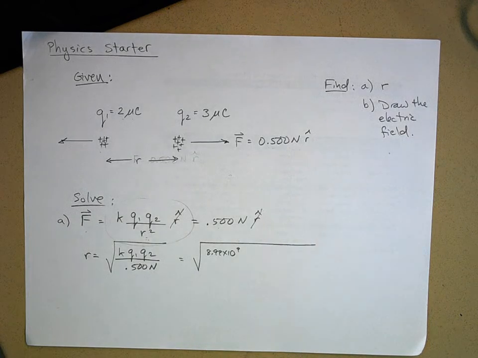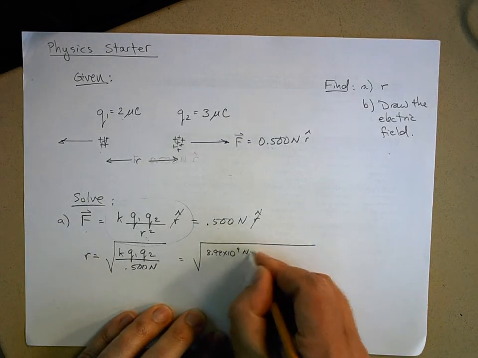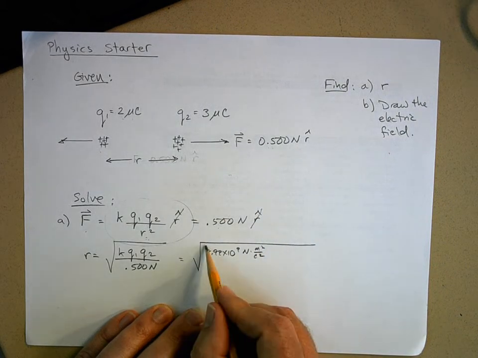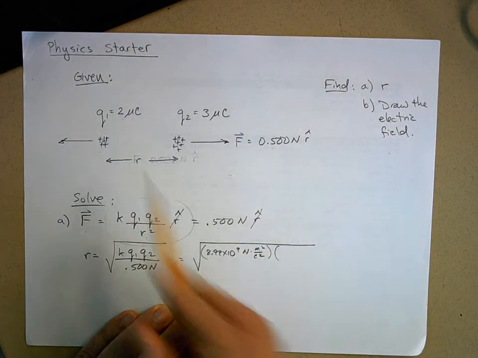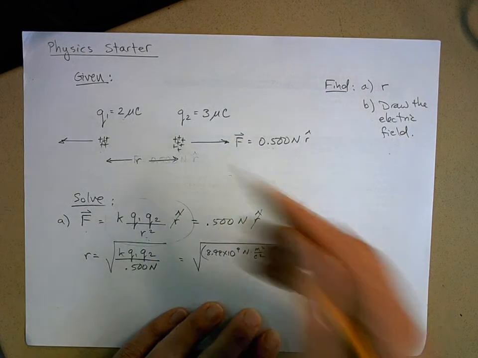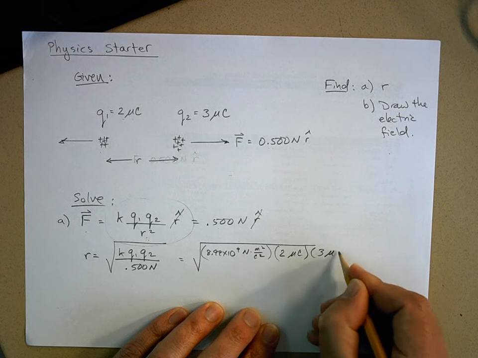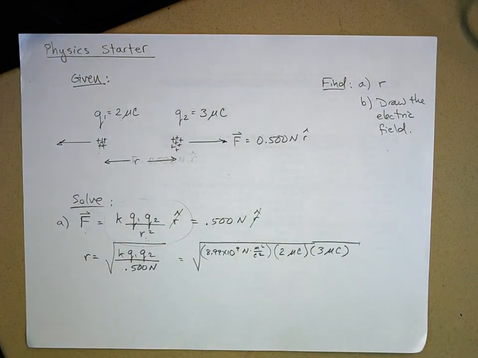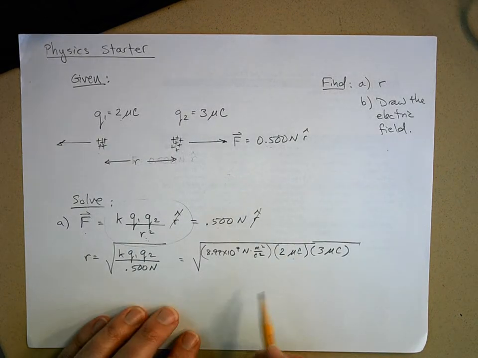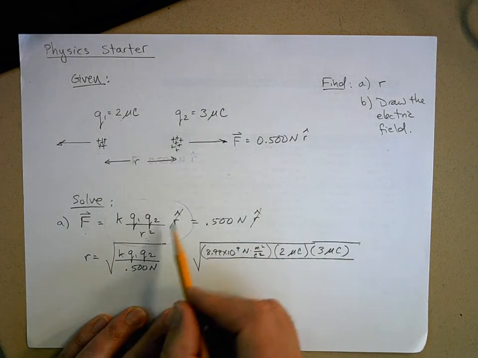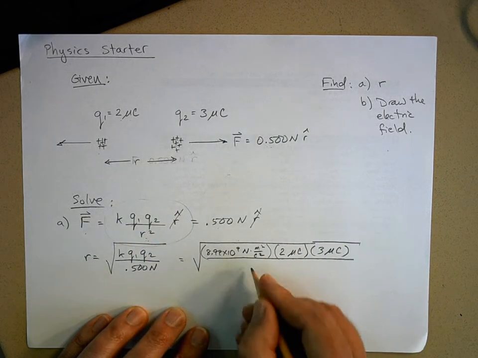It's easy to memorize, and it's Newton meters squared per Coulomb squared. And Q1 is 2 microcoulombs, and Q2 is 3 microcoulombs. I'm going to write the micro in there. Just remember when you type it in your calculator that the micro means 10 to the negative 6. And then I'm going to divide that by the force.